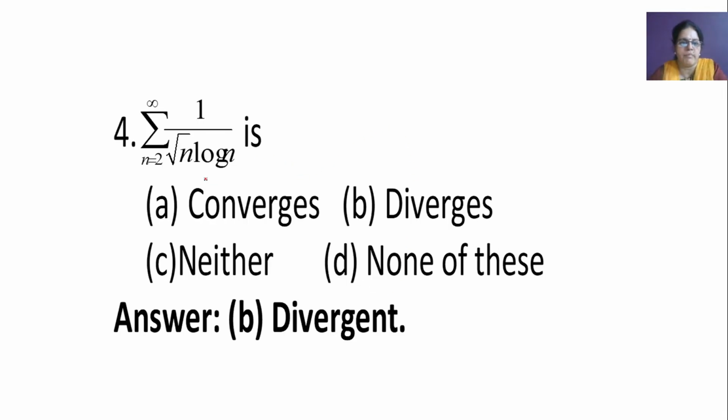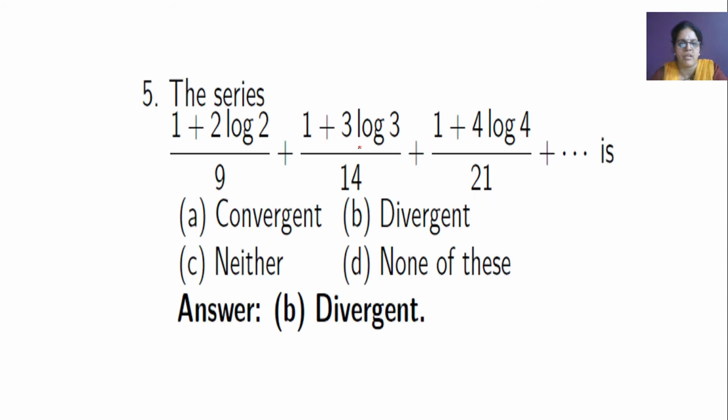Then sigma 1 by root n into log n. So using the same concept, log n is less than n, 1 by log n greater than 1 by n, multiply by root n, it also follows. Because of the greater than symbol, 1 by n diverges, so this also diverges. And try this problem. First term is 1 plus, second term is 1 plus 3, and third term is 1 plus 4.